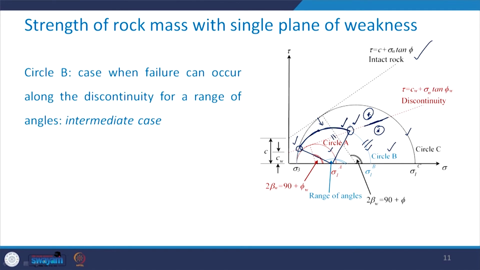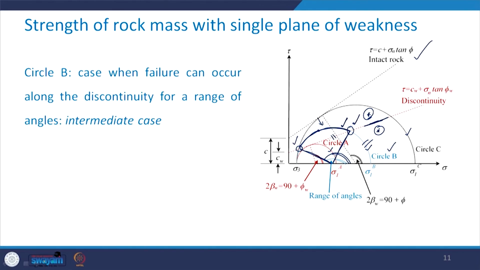Now, so this is going to give me the range of angles along which the failure can take place through the discontinuity. In case you have this line, you will have this angle. In case you have this line, you will have this complete angle.